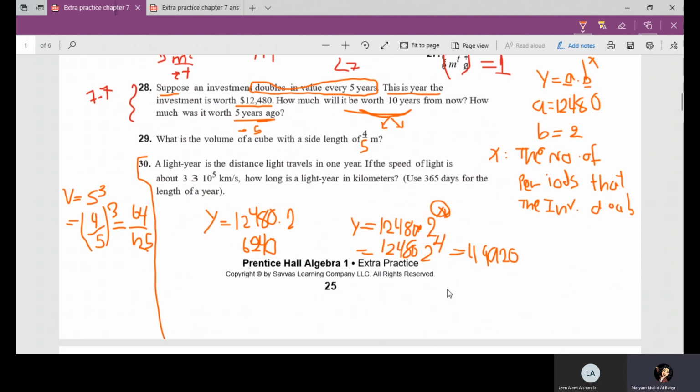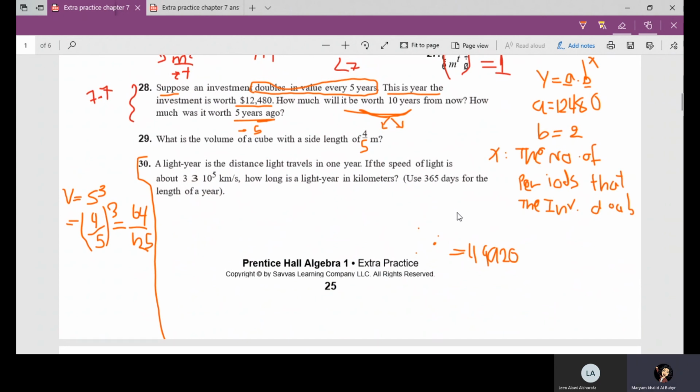The next question is related to physics, but I will tell you the idea. Because I'm teaching you math, if I need any rule from physics, I will give it to you.